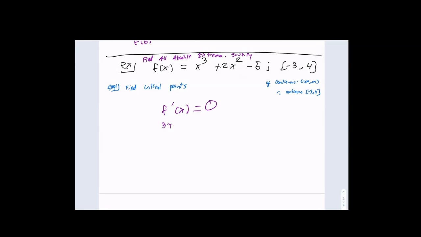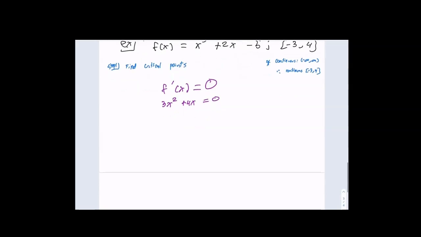This gives me 3x squared plus 4x equals 0. How do I solve this? Oh, come on, class. Do you do x parentheses?